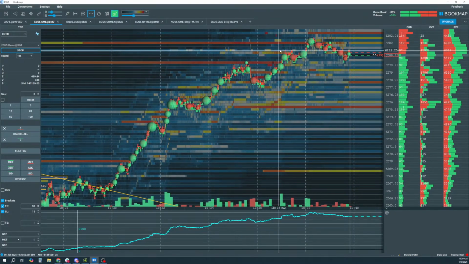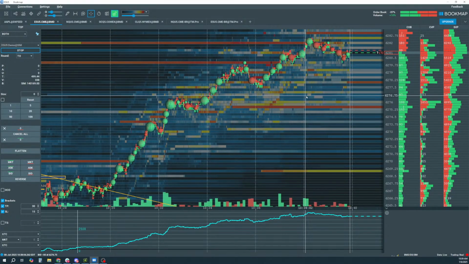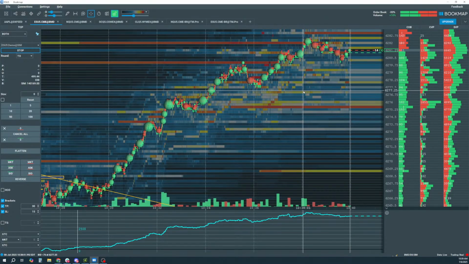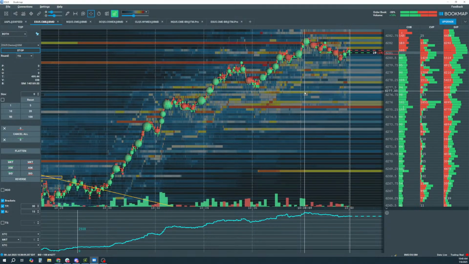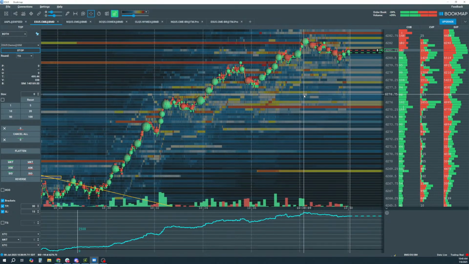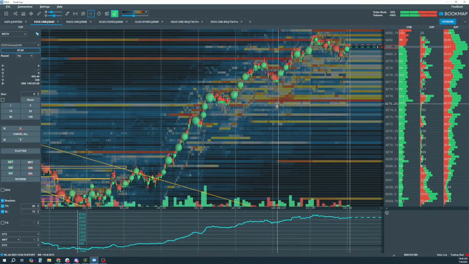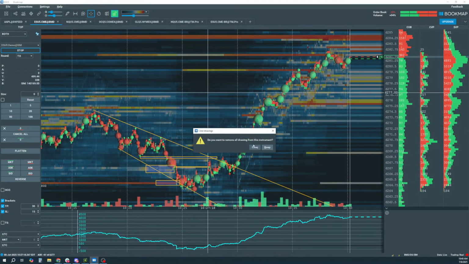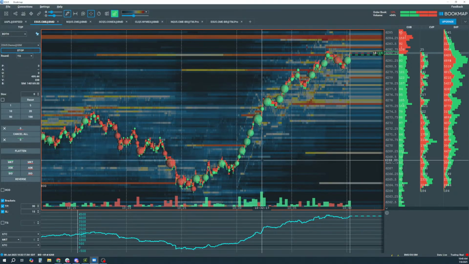Okay, so yeah, more liquidity got filled over here on the offer. I'm going to clear our drawings. We're going to add some new drawings in here.